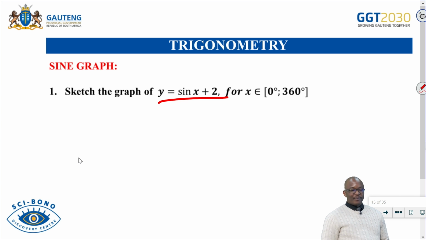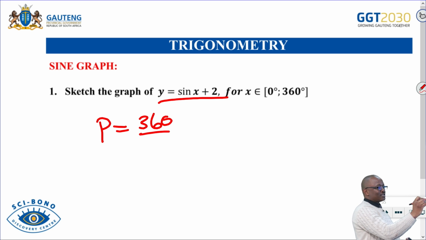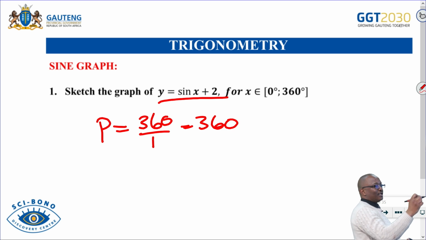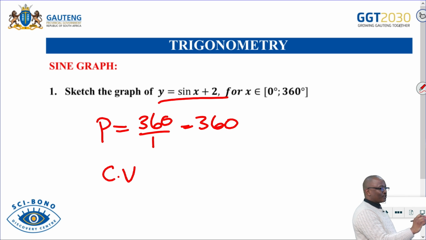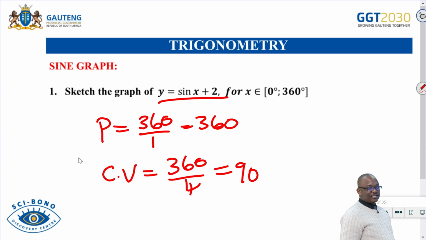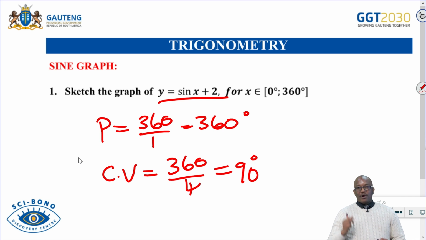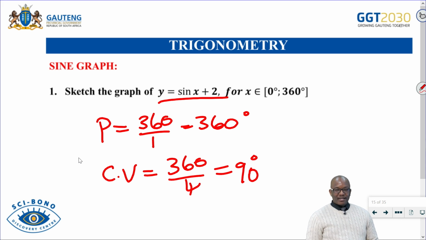And always remember, you will get your period, which is 360 divided by 1, which is going to be 360. Then for you to get your critical values, you're going to say 360 divided by 4, which is going to be 90. I'm doing this so that you know how we get our critical values.